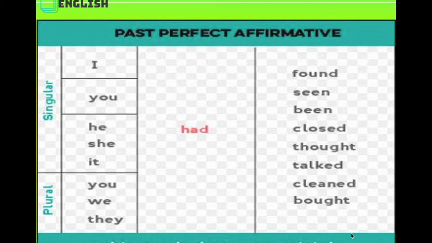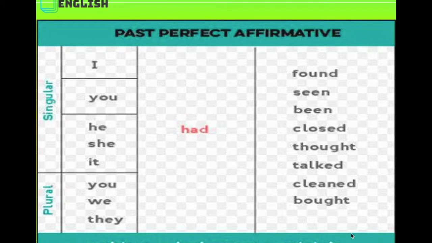So here it is found. I had found. You had seen. See, saw, seen. Seen is the verb's third form. Had been, had closed, had thought, had talked, had cleaned, had bought.